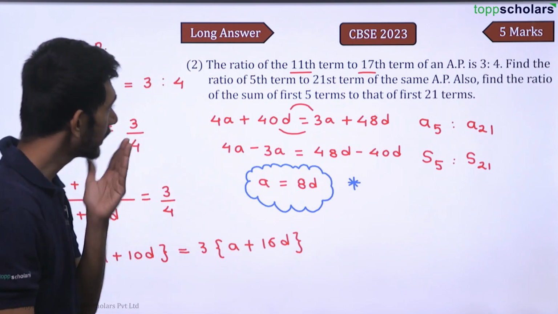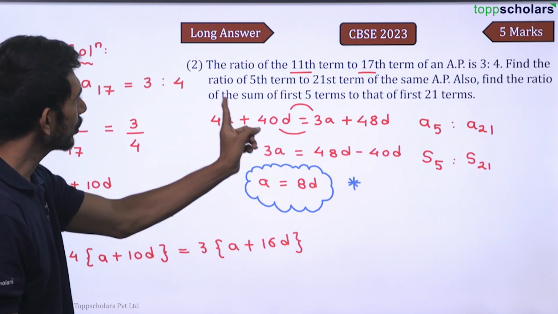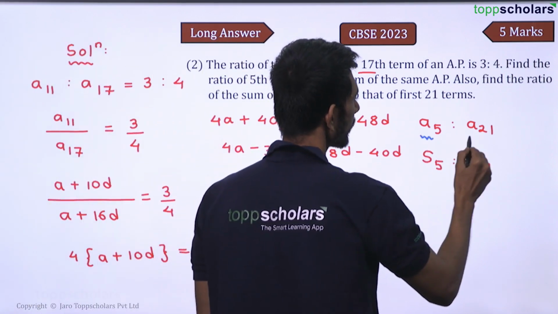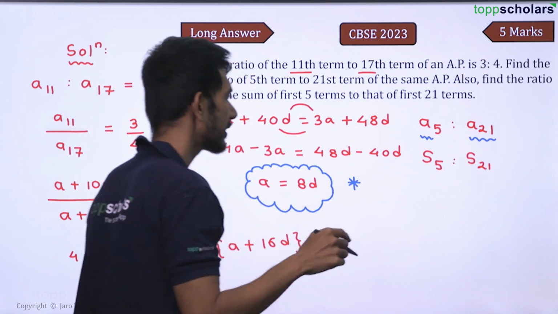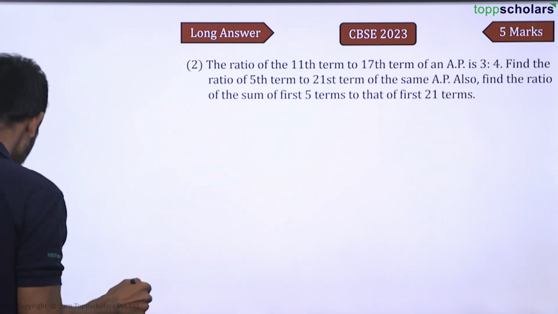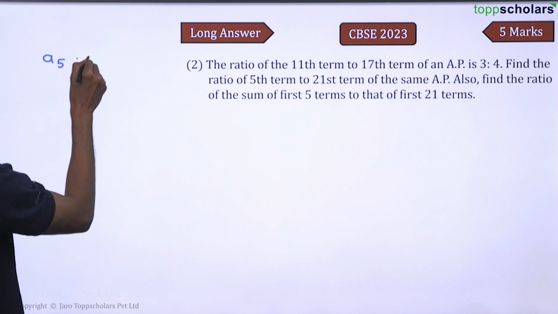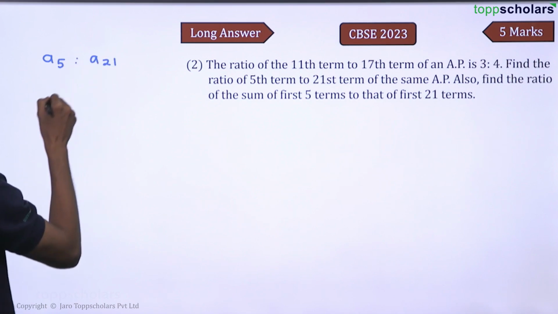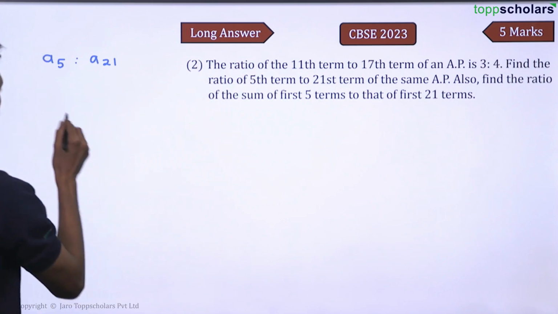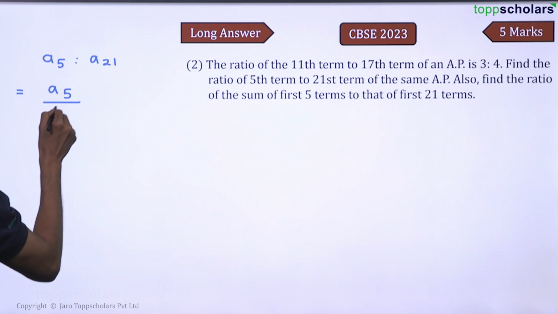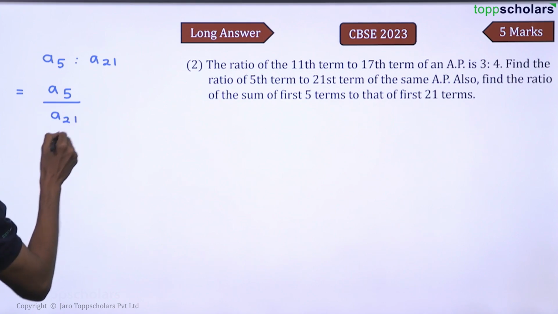So the further question says, find the ratio of the fifth term to the 21st term. Fifth term is a5, 21st term is a21. Let us do that. So can I say a5 is to a21, fifth to 21st, is the same as a5 upon a21.